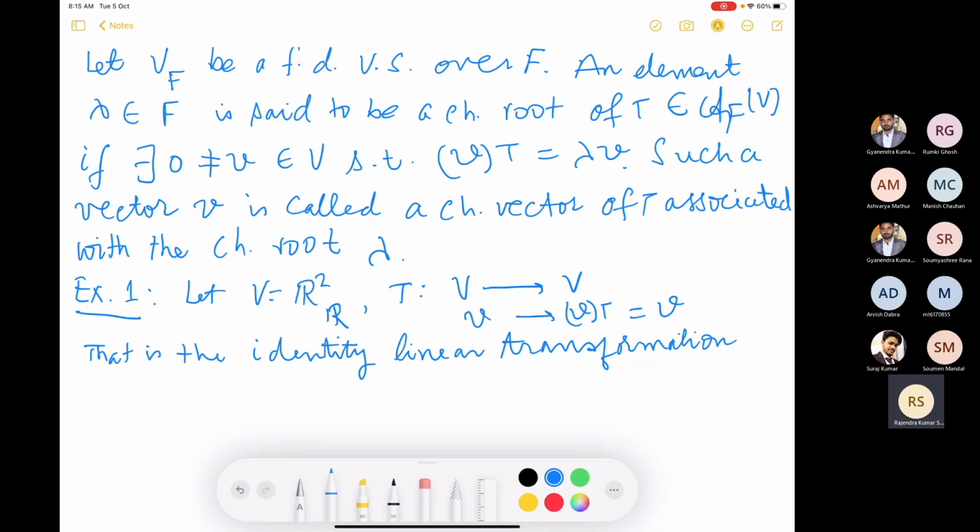So suppose T is the map which sends every vector V to itself. That means T is the identity map, and you can easily see that this is a linear transformation.